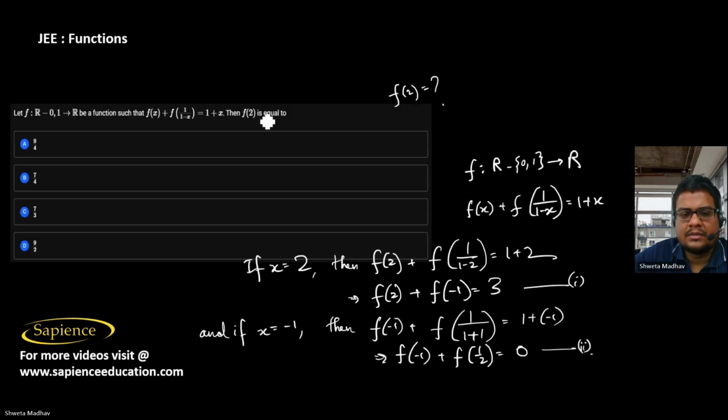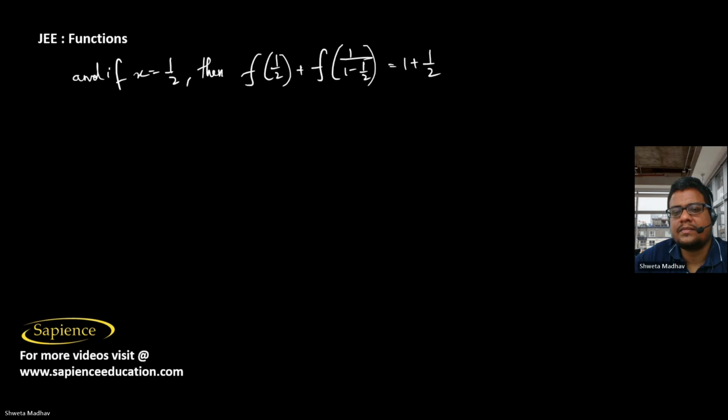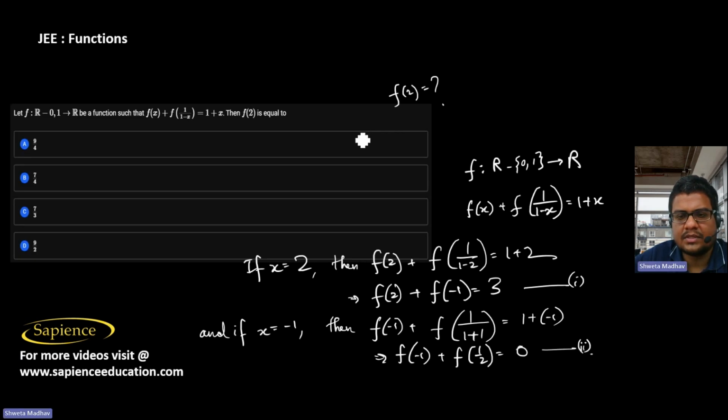And then suppose if we put x equal to half, then we will get f of half plus f of 1 by 1 minus half, that is equal to 1 plus half.